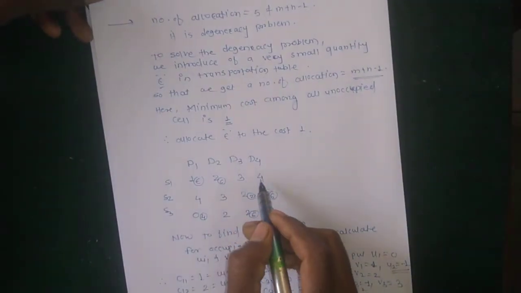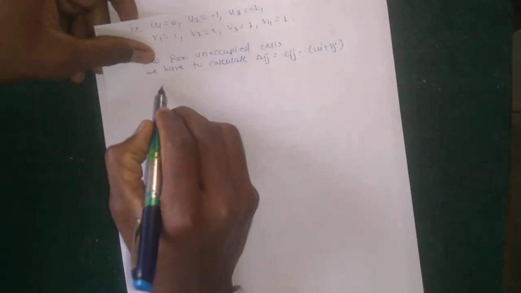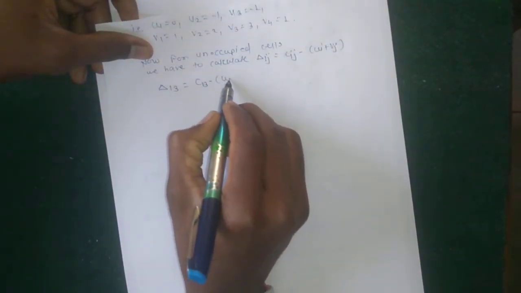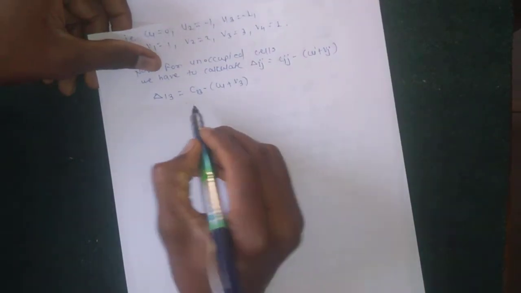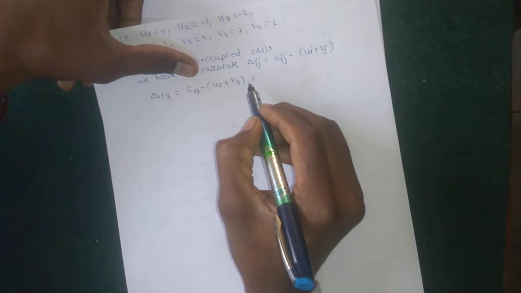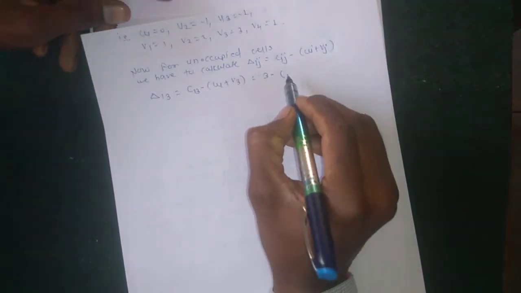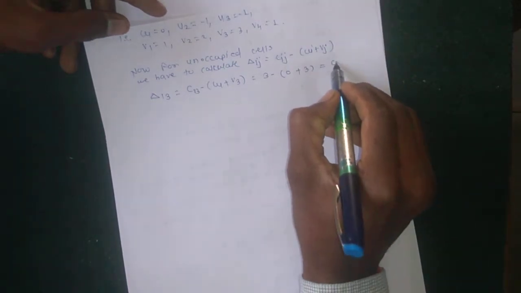The unoccupied cells are in the first row, third column and fourth column. So delta 13 is equal to C13 minus (u1 plus v3). Put in the values: C13 is 3, minus (u1 is 0 plus v3 is 3). 3 minus 3 is equal to 0.